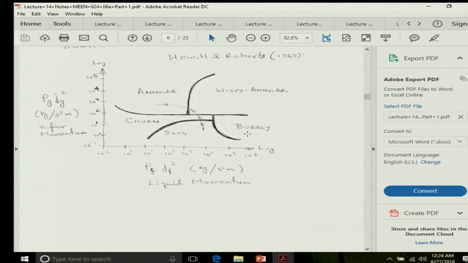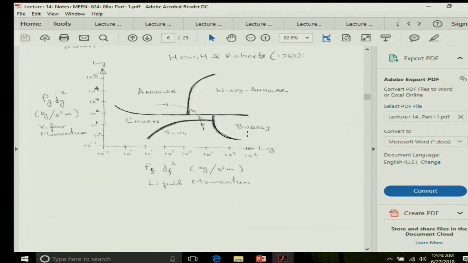This gives you an estimate for the momentum in the liquid phase, and depending on whichever one has a higher magnitude of momentum proportionately, that particular flow dominates. So if the gas phase has a higher momentum, then it will occupy the bulk of the flow, and so your annular flow is characterized by high gas momentum, low liquid momentum.